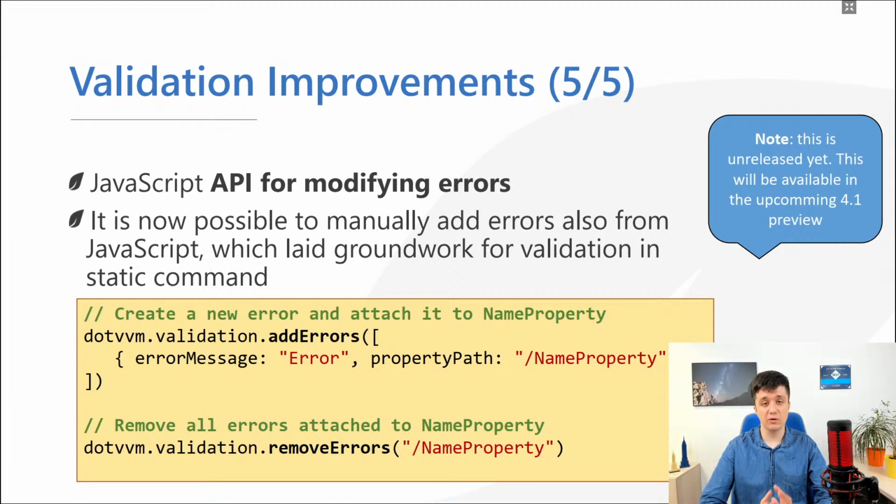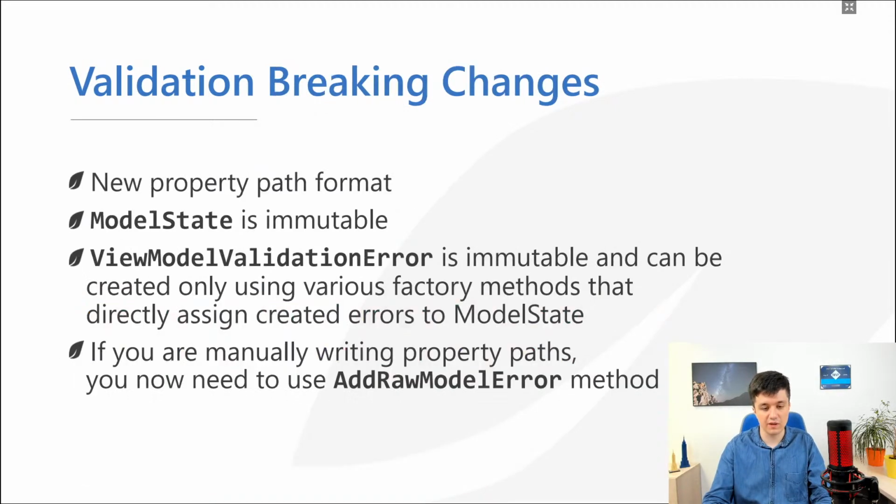And now let's take a look at what this means for you when you are upgrading your older applications, for example from DotVVM 3.x, and what breaking changes there are.